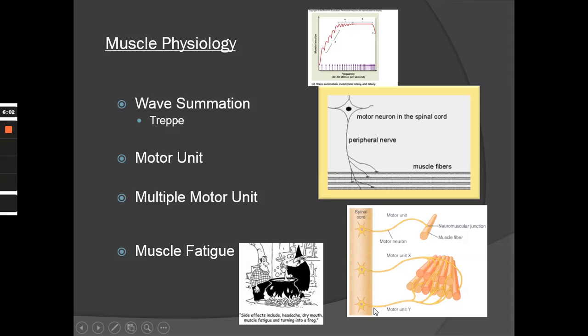Here's a different one. This is a different motor unit, and it's branching through the muscle as well, forming neuromuscular junctions with different muscle fibers in the same muscle. So when one of your muscles contracts, it's going to have multiple motor units sending impulses to get those muscle fibers to contract.